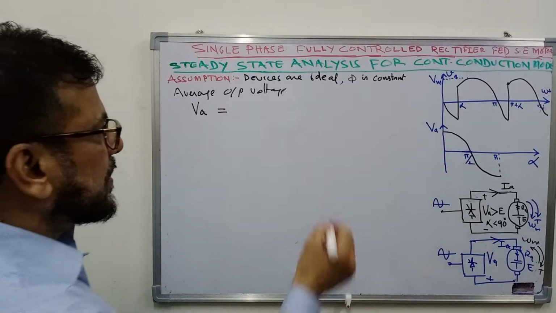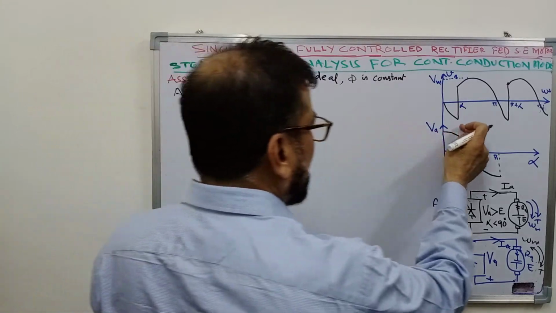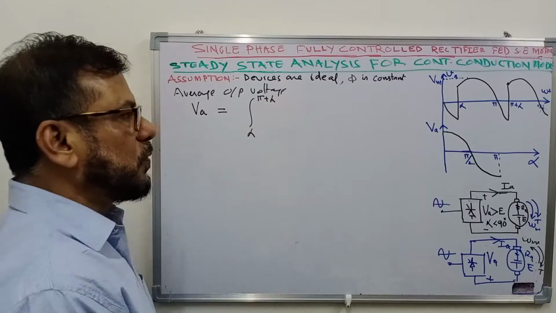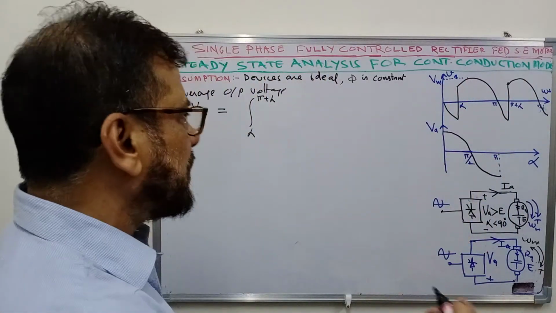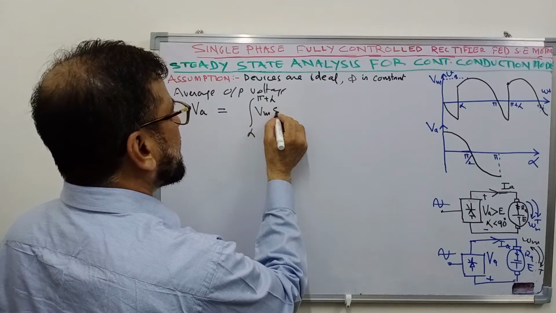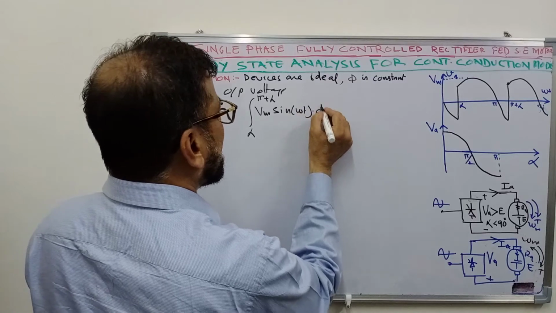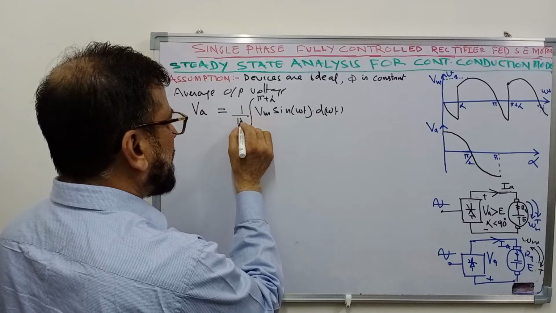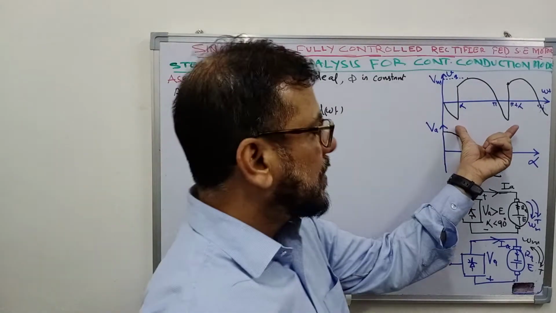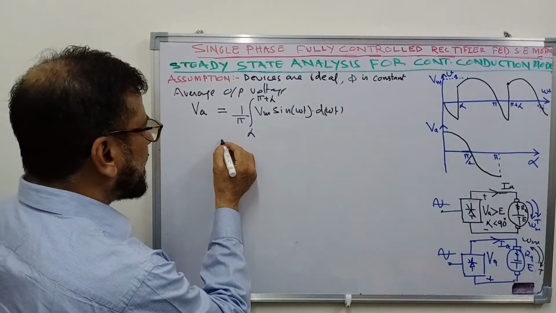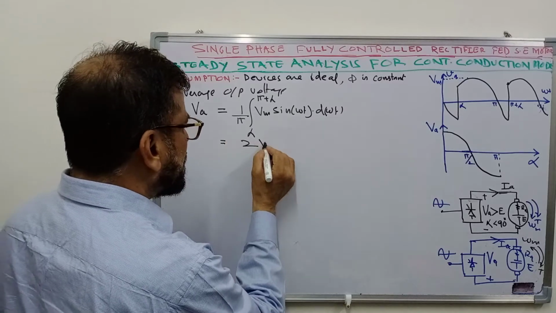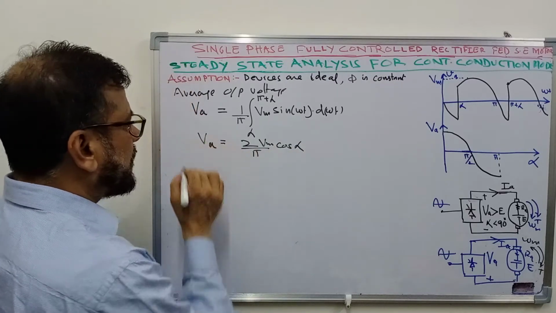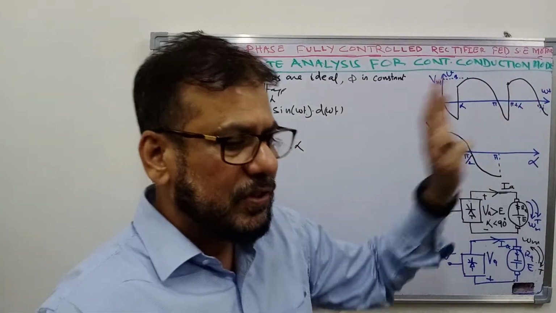You have to integrate over the whole cycle of variation, from alpha to pi plus alpha, and during this interval the output voltage remains equal to Vm sin omega t, that is equal to Vs. Then you have to divide it by the period of the cycle, that is pi, since alpha to pi plus alpha is a duration of pi radians. Just integrate it and put the limits, and what you will get is 2 Vm by pi cos alpha. This is the average value of output voltage in the case of continuous conduction.